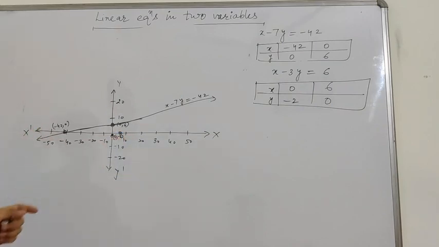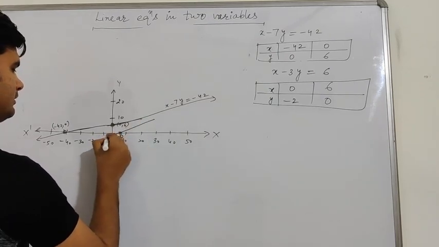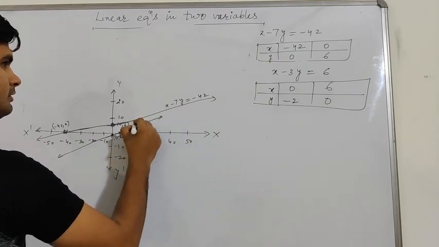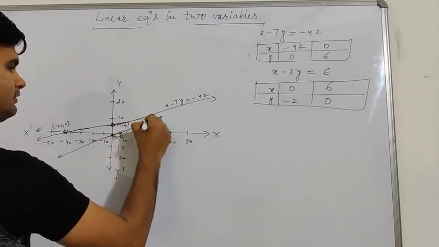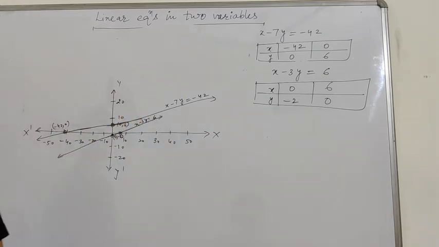You can easily get these values on graph paper. This line is x minus 3y is equal to 6. This will be a graphical representation of the linear equations, right?